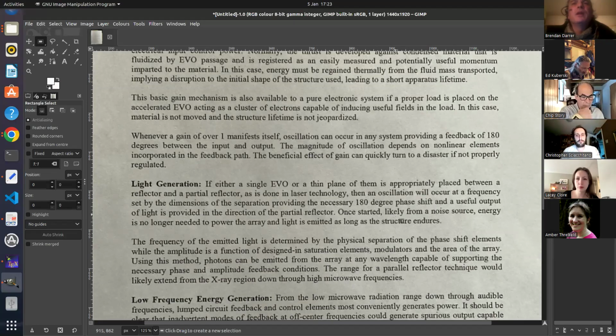Once started, likely from a noise source, energy is no longer needed to power the array, and light is emitted as long as the structure endures.